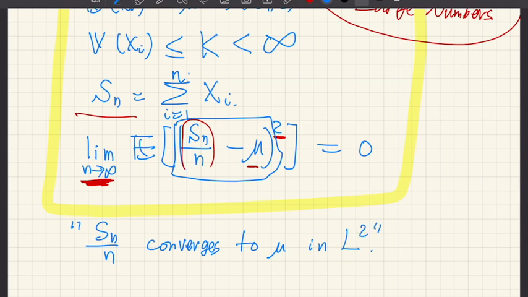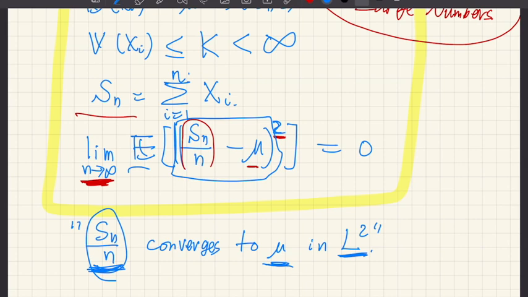L2 here is a kind of mysterious keyword, but it just means we square something. So if we square the deviation and take the expectation and take the limit, and that converges to 0, that means this quantity converges to some constant, in some sense.